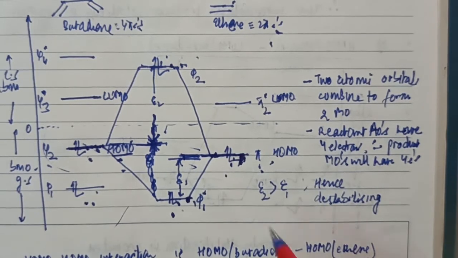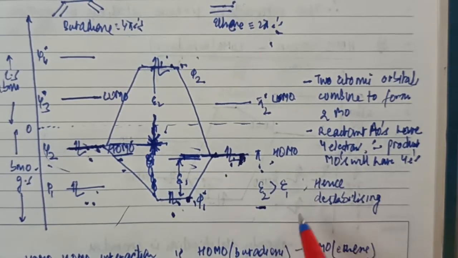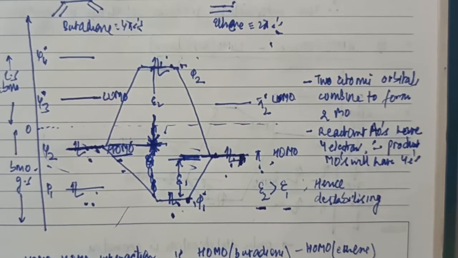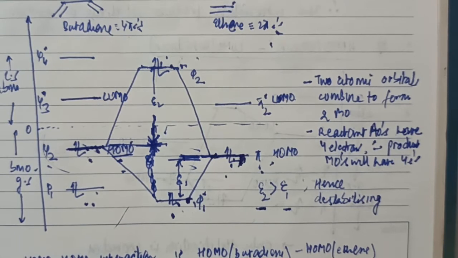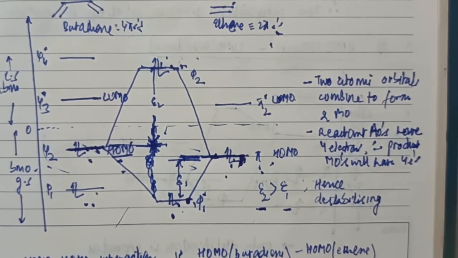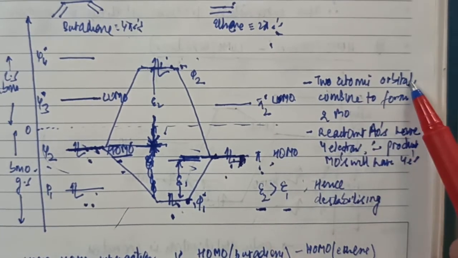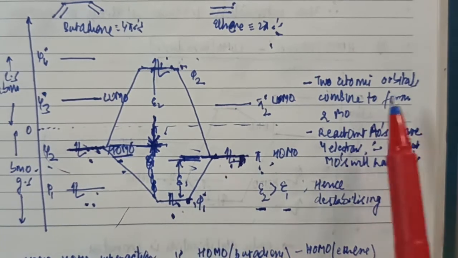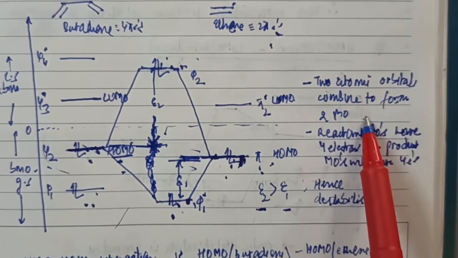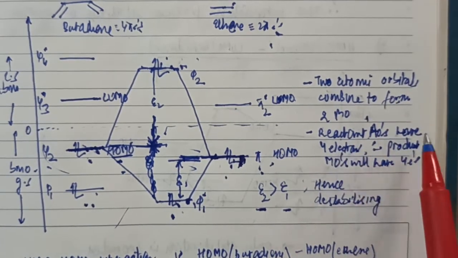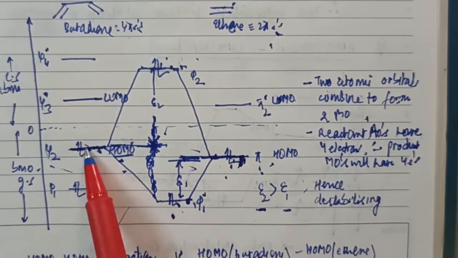As you can see, the extent of destabilization is more than the stabilization. Therefore, this kind of interaction should not contribute to the stability of the system, and an interaction which does not contribute to stability should not be my point of consideration. To repeat, there are 2 atomic orbitals in the reactant system which combine to form 2 molecular orbitals, and they have 4 electrons in all.